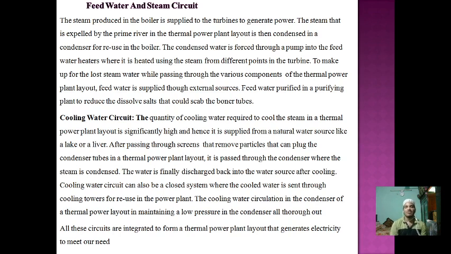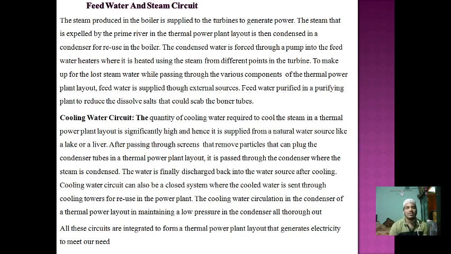Feed water and steam circuit. What is feed water? The steam produced in the boiler goes into the turbine to generate power. For the purpose of generating power, the steam is expelled by the prime mover in the thermal power plant layout and is then condensed for reuse in the boiler.